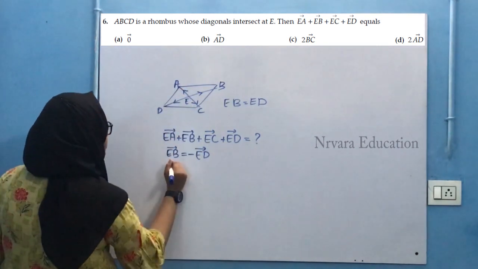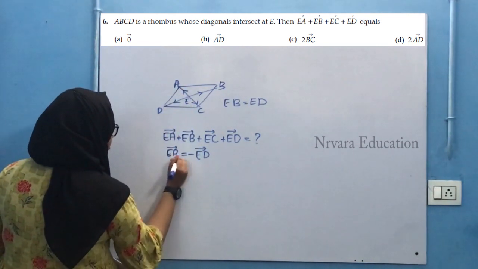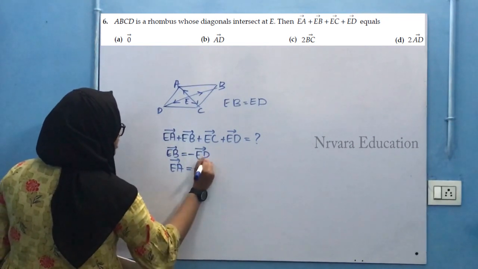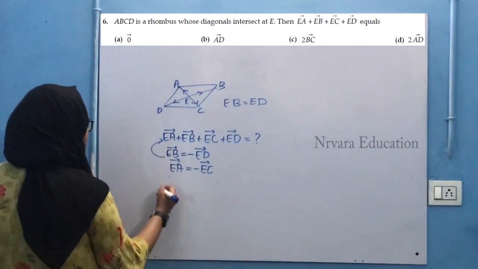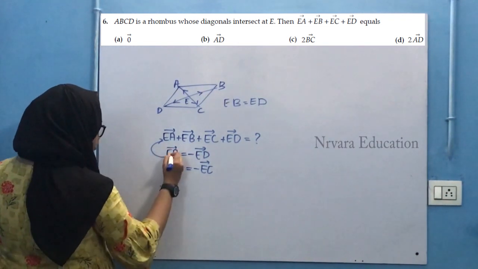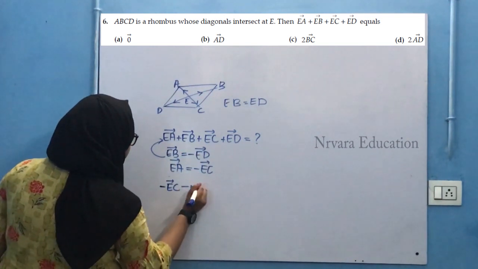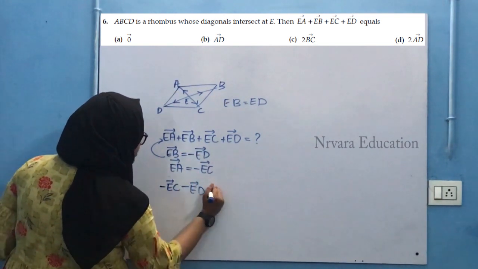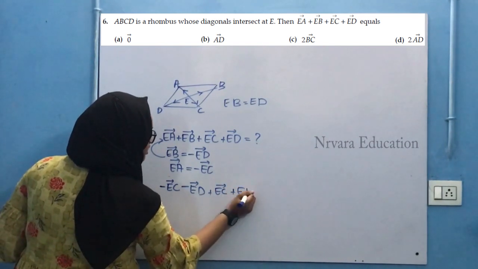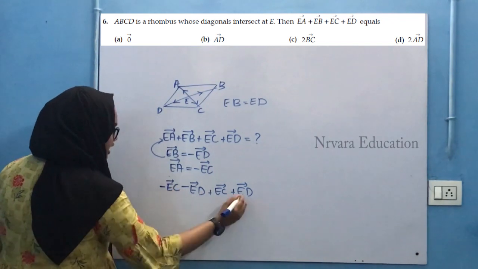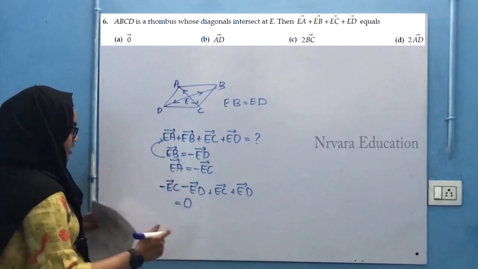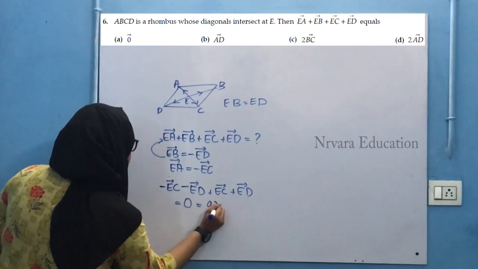And similarly, EA will be the negative of EC. So now instead of EA we write minus EC, and instead of EB we write minus ED, then plus EC and plus ED. Since they cancel each other out, our answer will be 0, which is our option A.